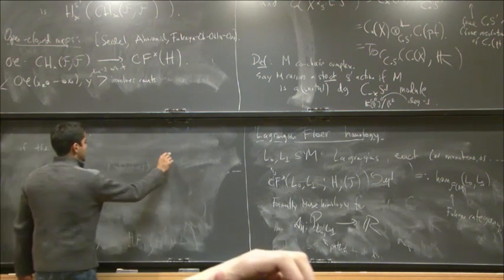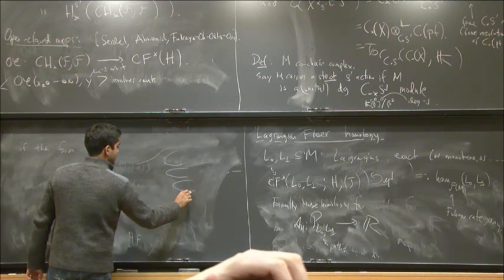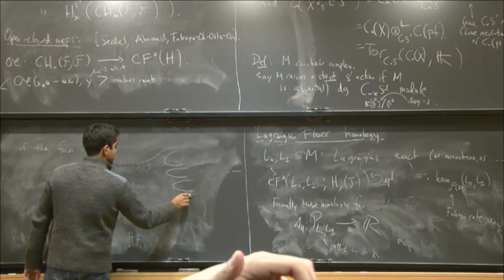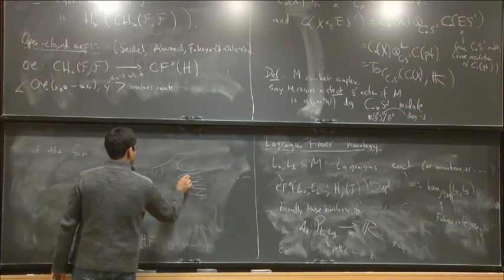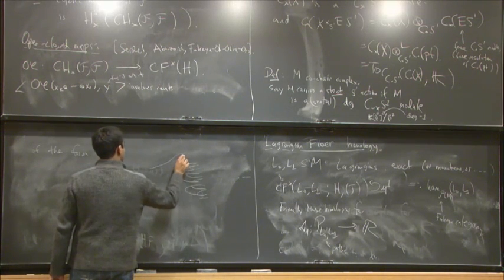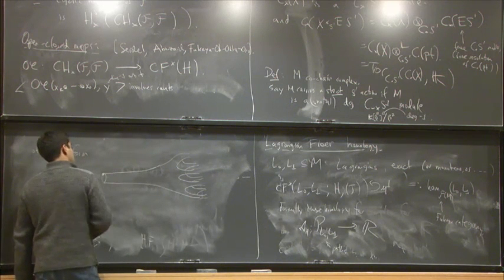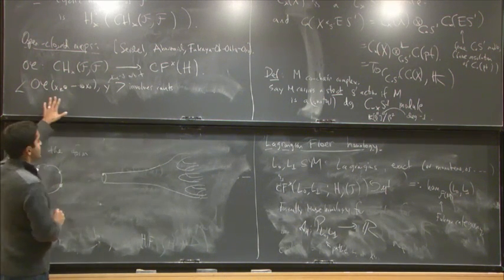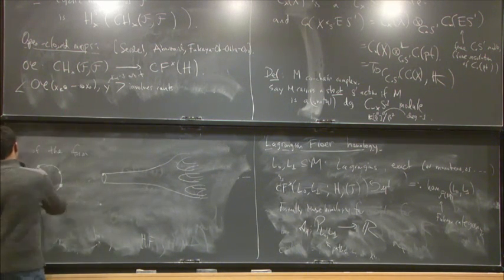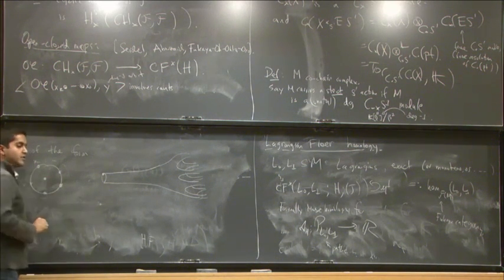of the form, well, let me just draw a picture. Okay, so conformally I'm going to take a disk with k plus 1 boundary mark points, one for each x_k, and one interior mark point for y.